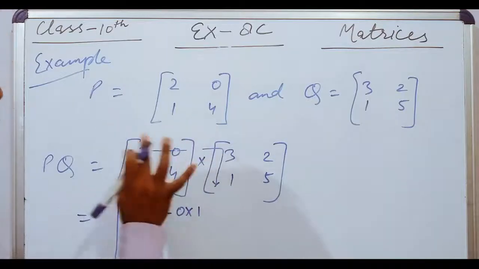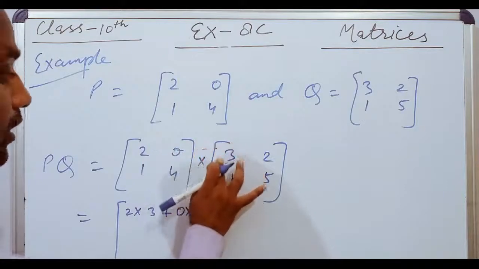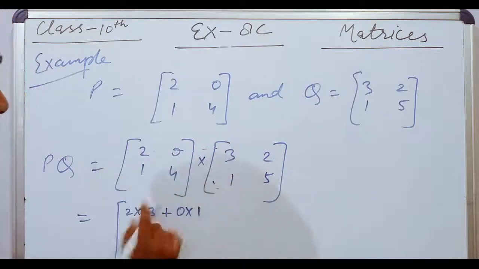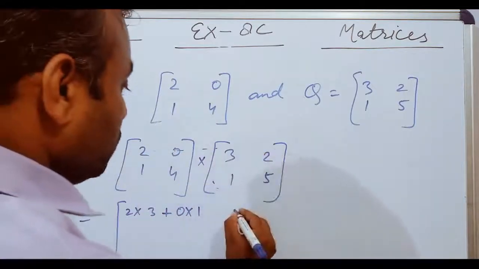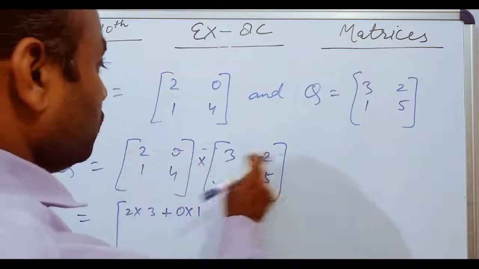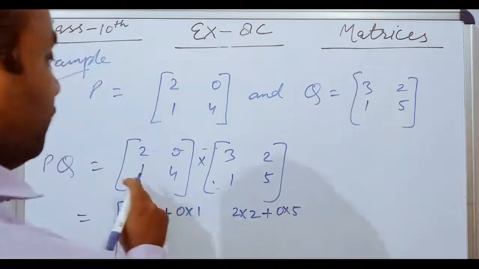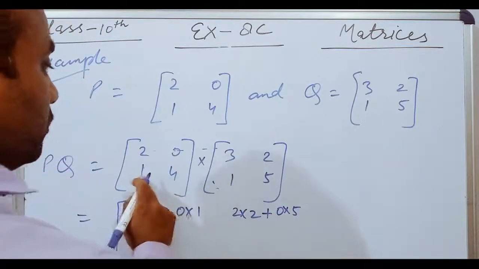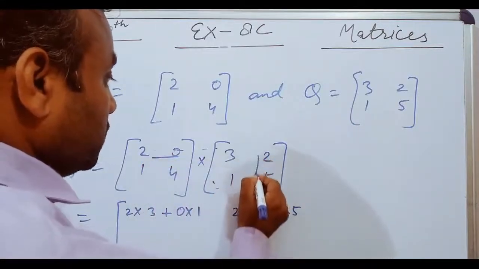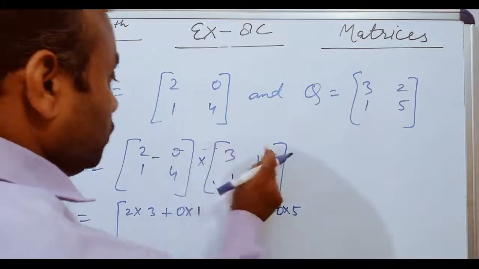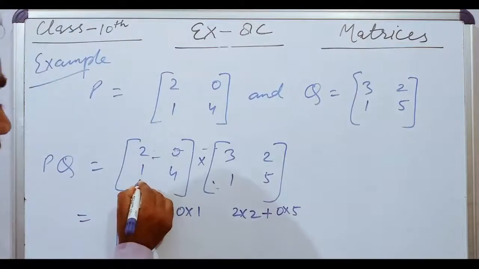This thing you have to keep in mind. Then for A12: 2 into 2 plus 0 into 5.